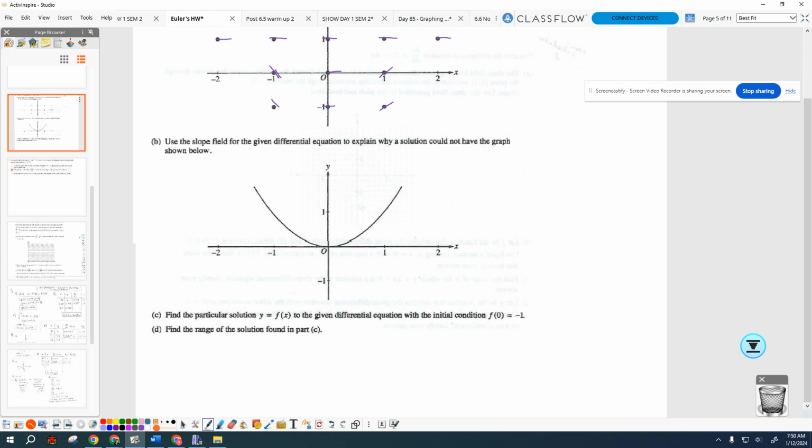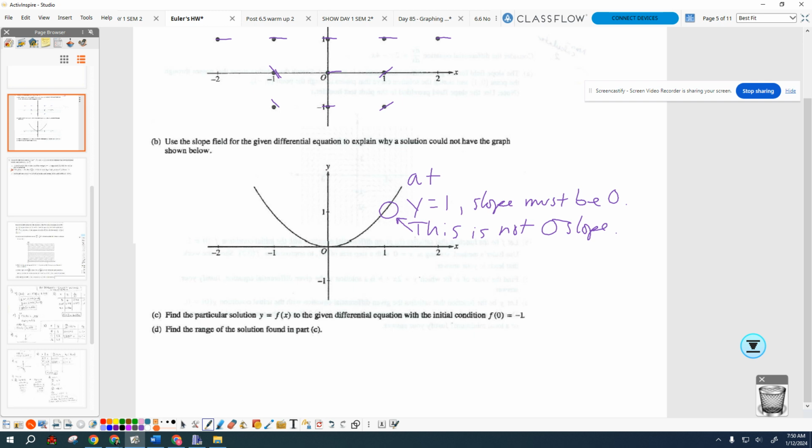What's our reason? The function has a slope of 0, a horizontal line, whenever y is 0. This isn't equal. So something to that effect.